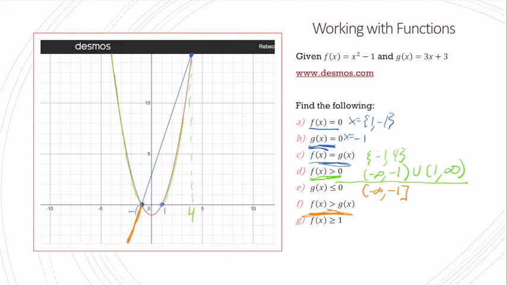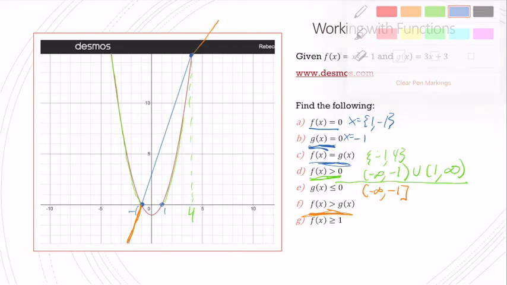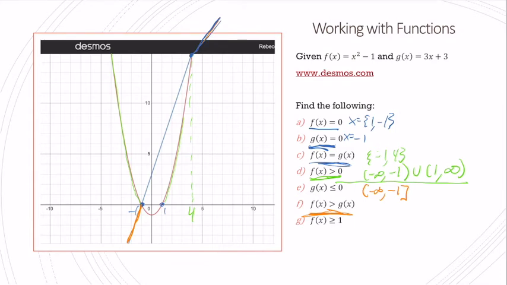Where is f of x greater than g of x? Well, let's remember that this goes like this. That's my blue line. And my graph continues to go like this. Okay, so f of x is greater than g of x as long as the f of x value is above my g of x value.